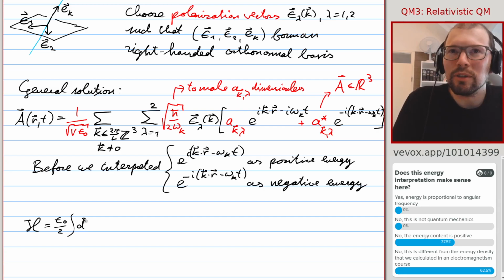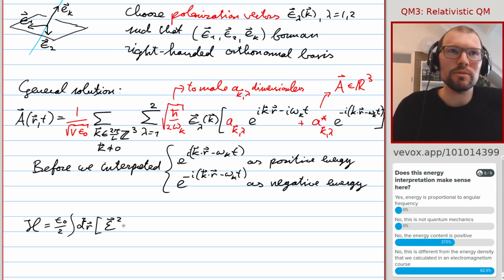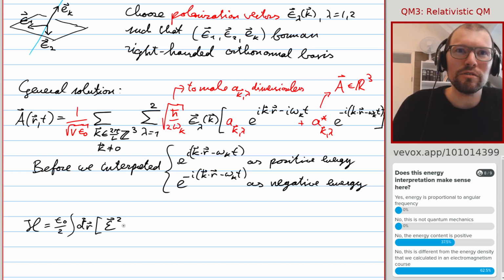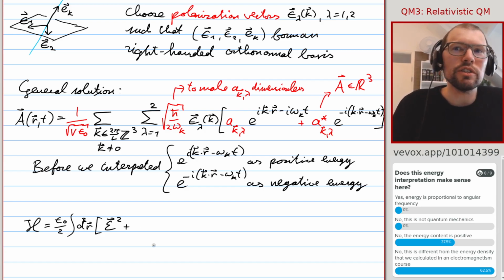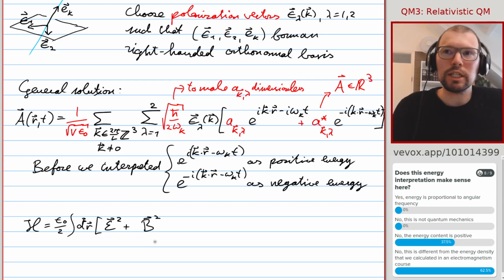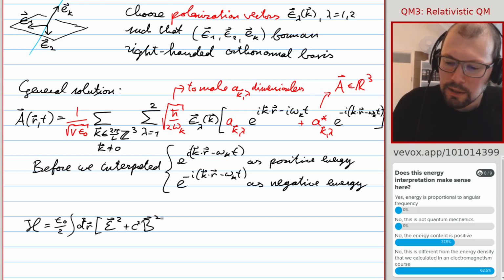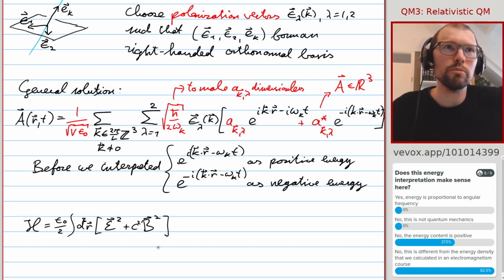it can be simply expressed in terms of the electric and magnetic field. So for the electric field, we found there was just the square electric field integrated over our box. But you can also store energy in the magnetic field. There, just look at the norm of the magnetic field. So this is the energy that you have derived before, purely classically.